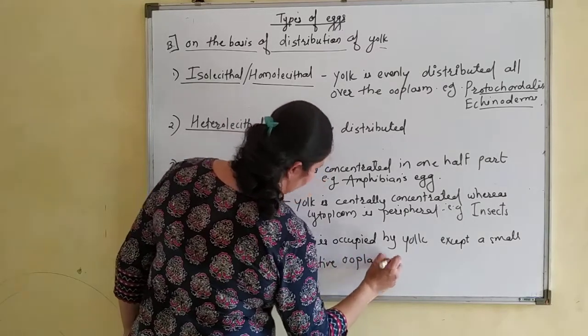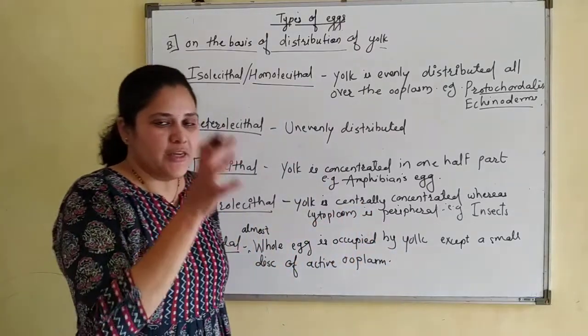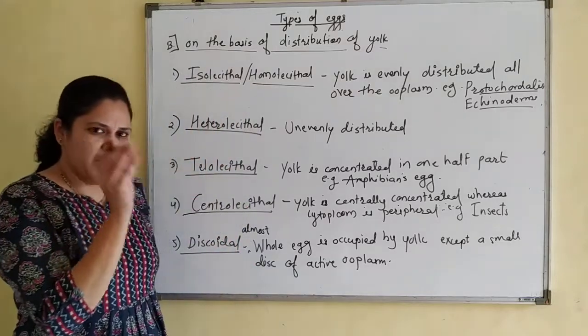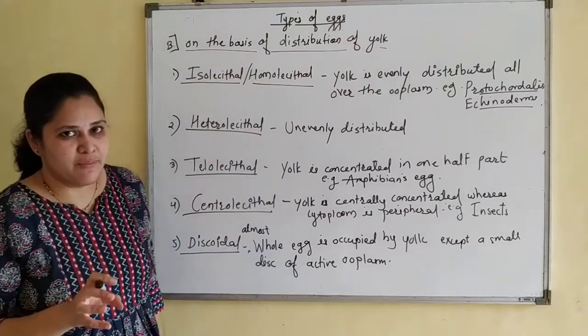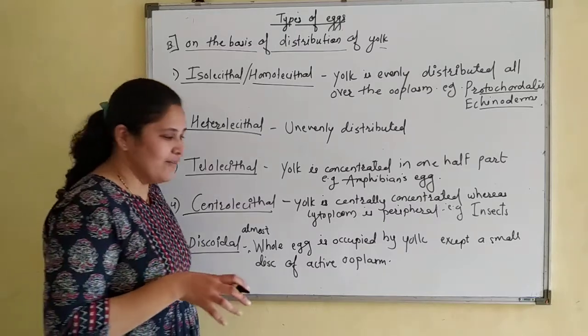So in case of discoidal, almost the whole egg is filled by the yolk. Only on one side a very small amount of ooplasm remains, the active disc of ooplasm.